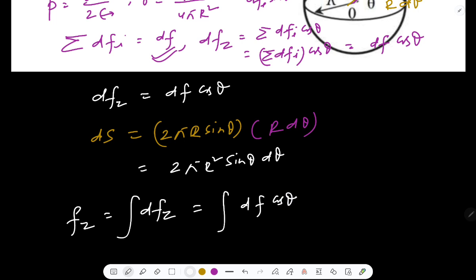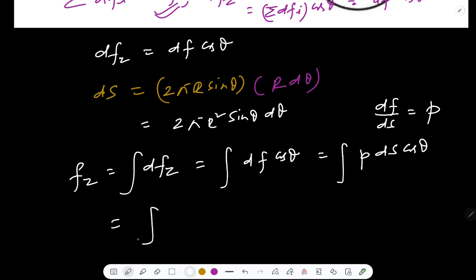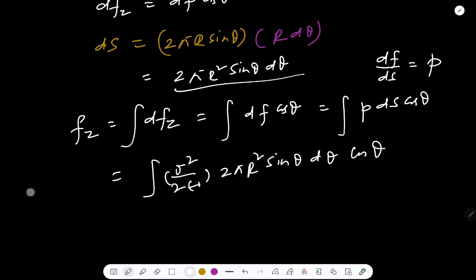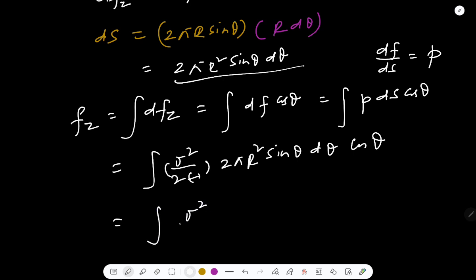What is this df? This df can be written from the previous solution in terms of pressure, like df by ds equals pressure at a point on the sphere, so df will become p ds cos theta, and the pressure, as we already discussed, is equal to sigma square by 2 epsilon naught, and ds we can write as 2 pi r square sine theta d theta, and there is a cos theta as well, so that we will need to integrate sigma square by epsilon naught, pi r square sine theta cos theta d theta.